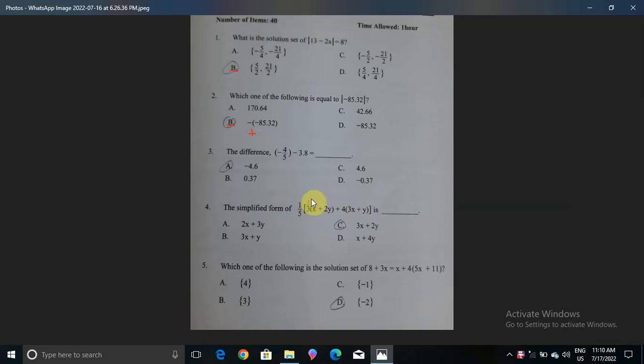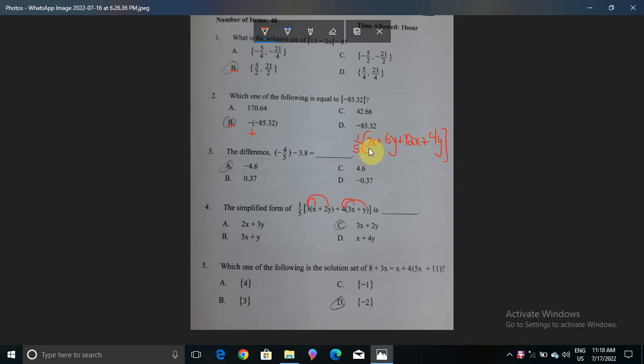That means 3 times x and 3 times 2y. Then 4 times 3x and 4 times y. Then we will get 1 over 5 inside the bracket 3x plus 6y plus 12x plus 4y.